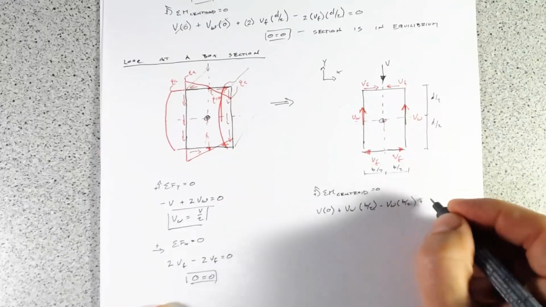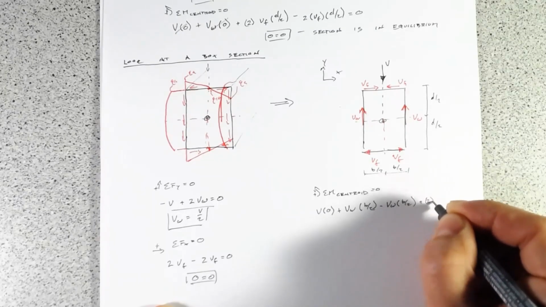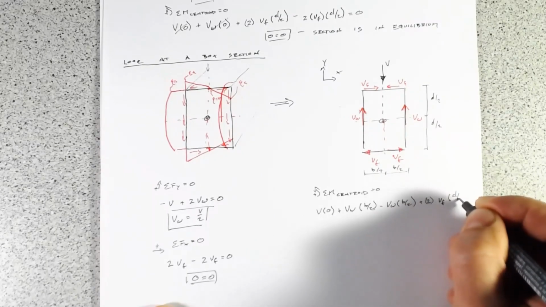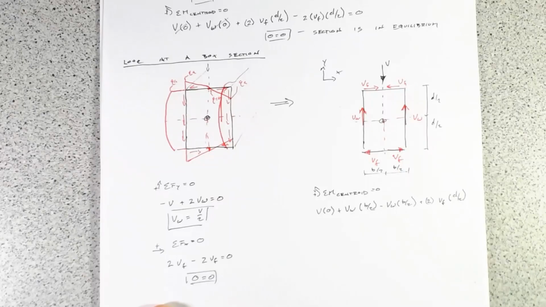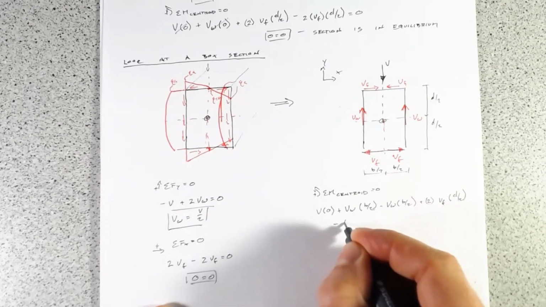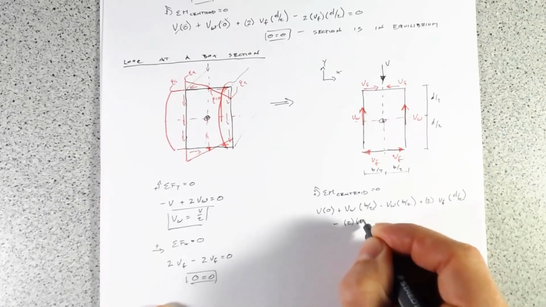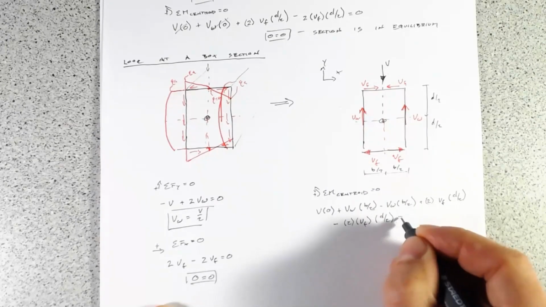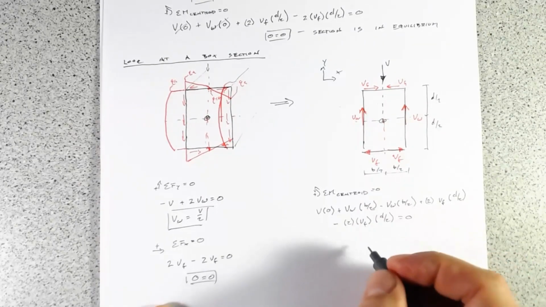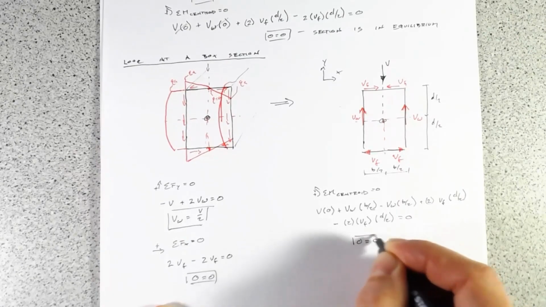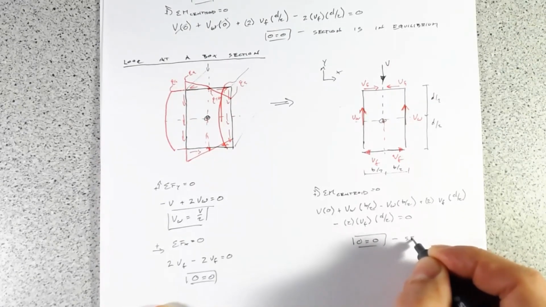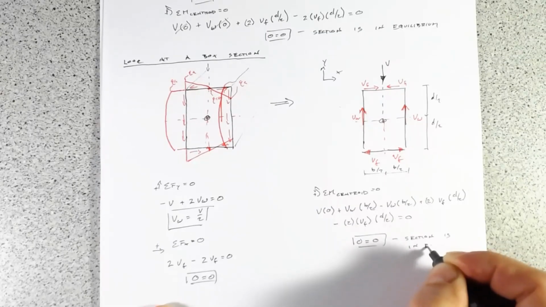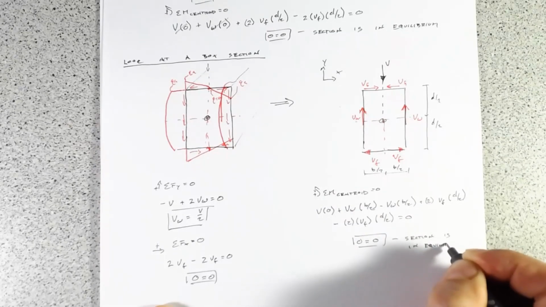So you've got plus 2 times v sub f times d over 2 minus 2 times v sub f times d over 2, and that equals 0. And we work all of that out, and we see that 0 equals 0. So the section is in equilibrium.